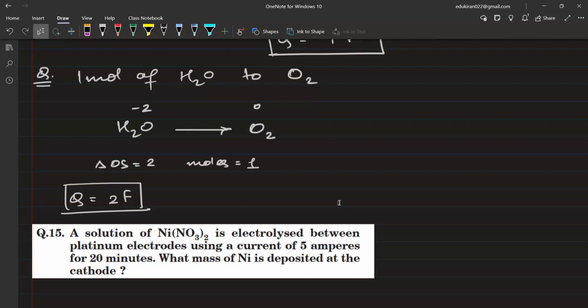What mass of nickel is deposited at the cathode? Write down the question, then you will do this question. Let me know once you're done.